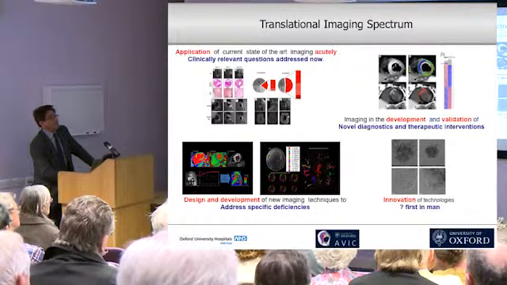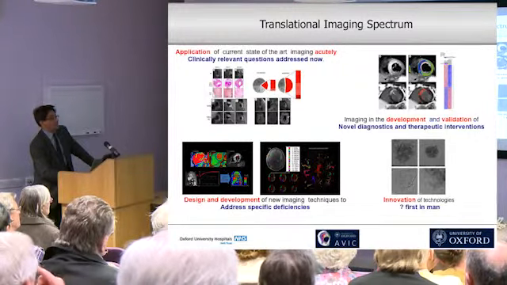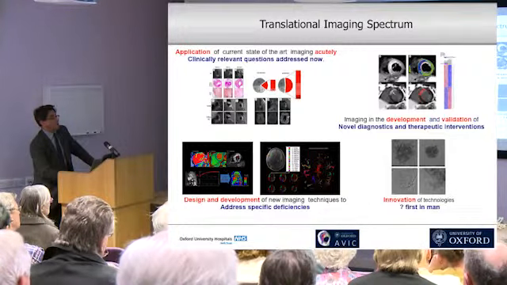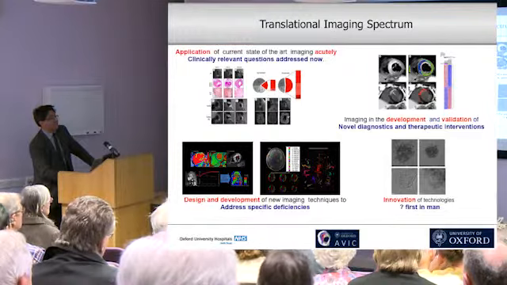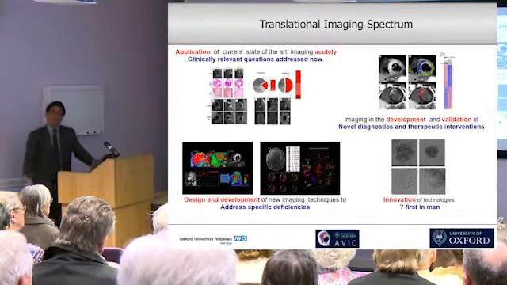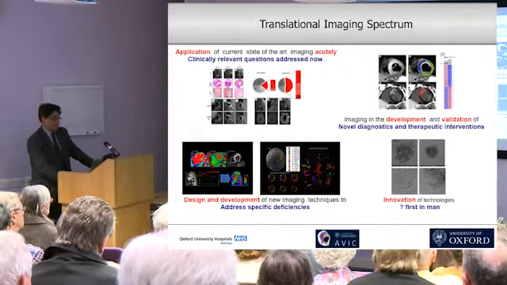Sometimes we're developing new imaging techniques and validating them. Sometimes we're designing and developing new imaging techniques to address specific deficiencies of the sort that I showed you. And sometimes we're taking altogether new technologies and plugging them into this space.